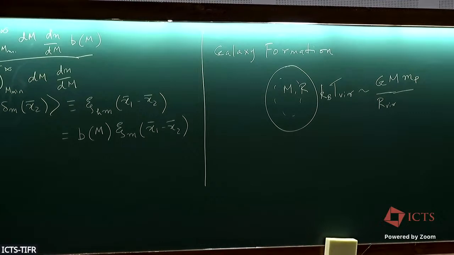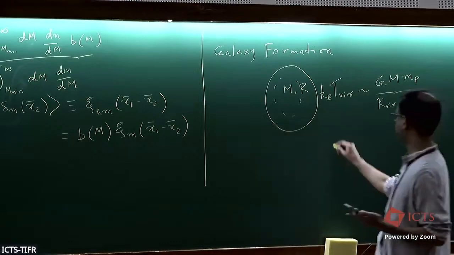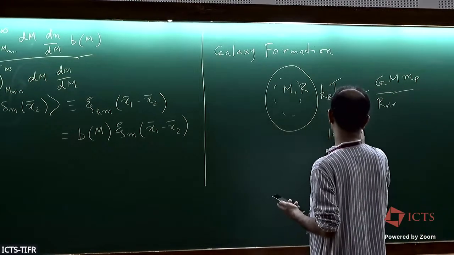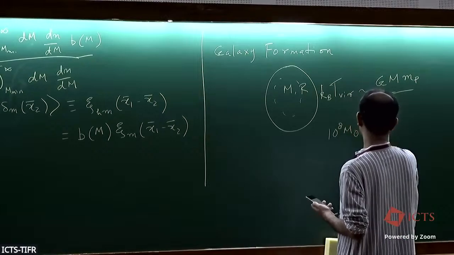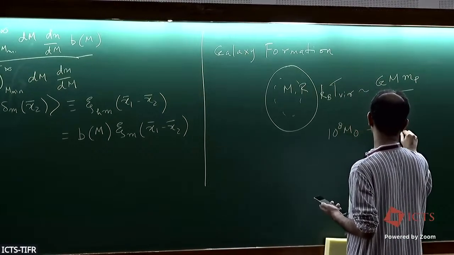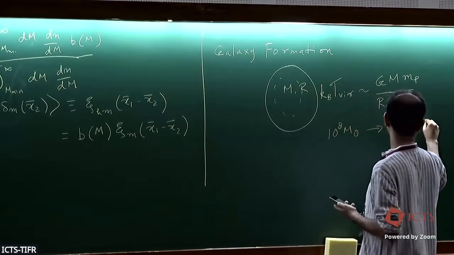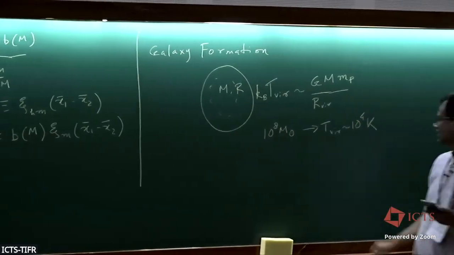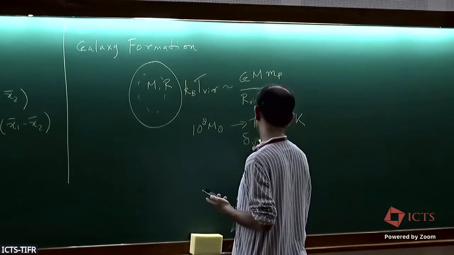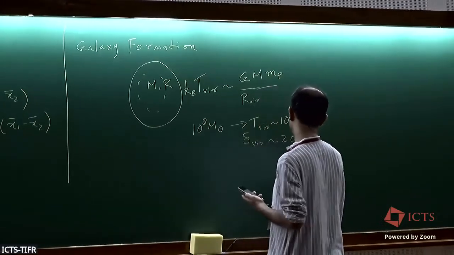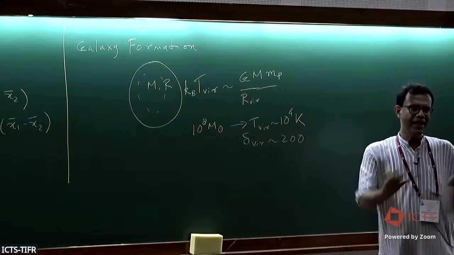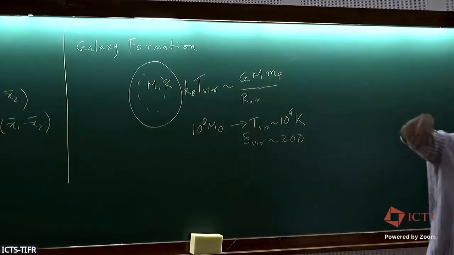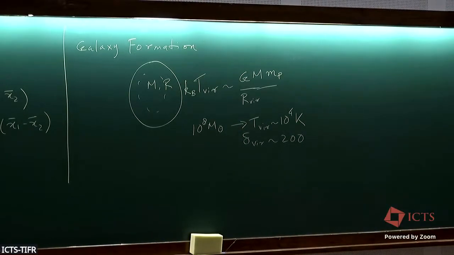Now, if you look at this temperature for typical halos, for example, for 10 to the 8 solar mass halos, this T virial will be 10 to the 4 Kelvin. We have also seen that the typical density will be few hundred times the mean. And within that halo, the gas will basically settle down with essentially these kinds of numbers.